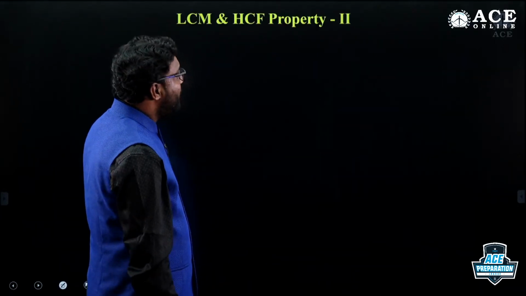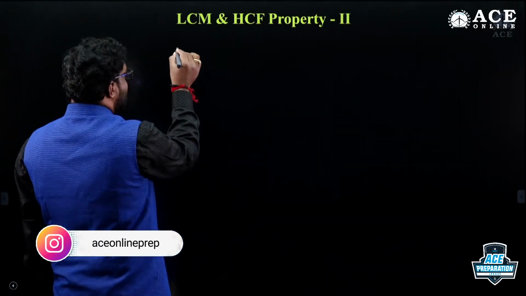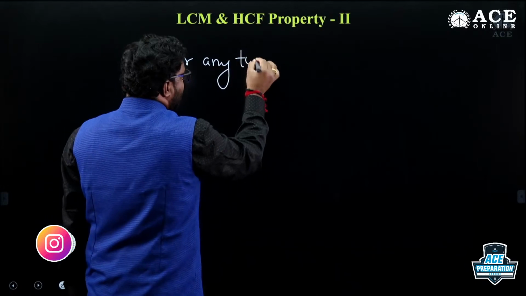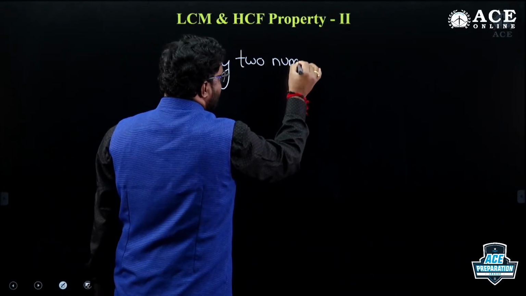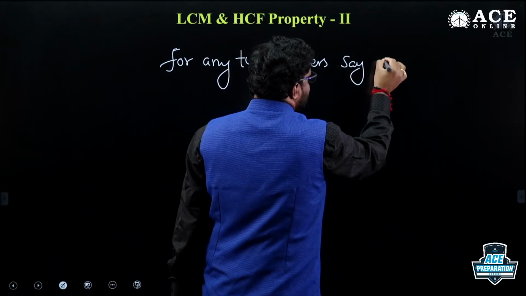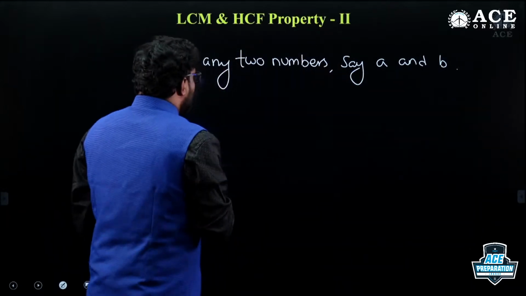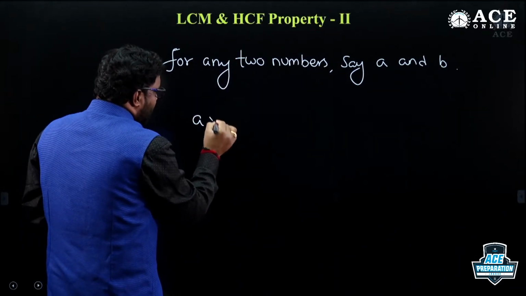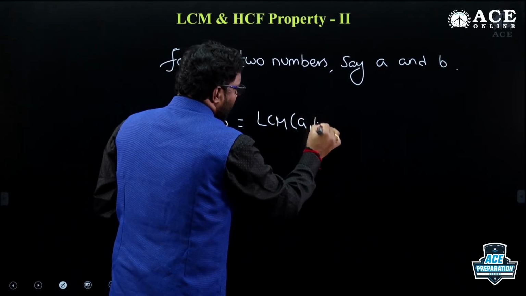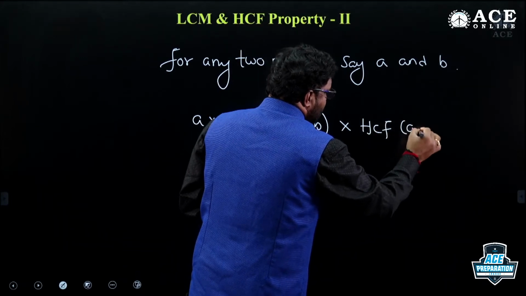Now the second property, my dear friends, a very important property. This is applicable only for 2 numbers. For any 2 numbers, let's say A and B, the product of the 2 numbers, A into B, must be equal to the LCM and HCF product.